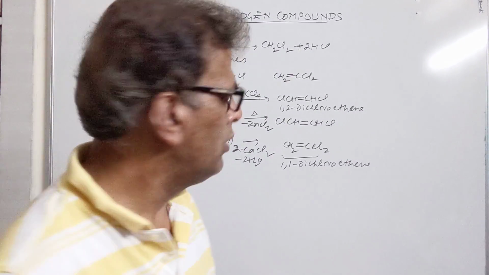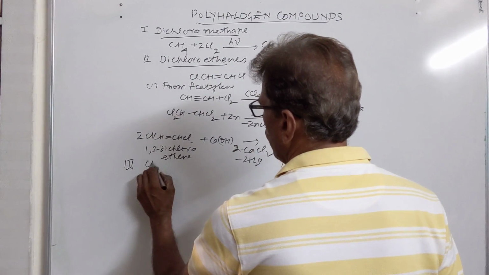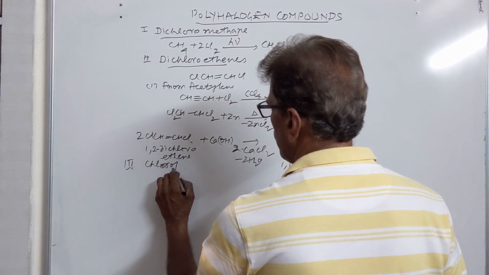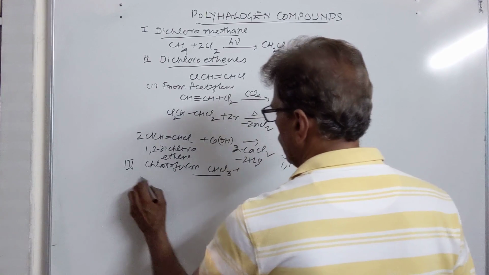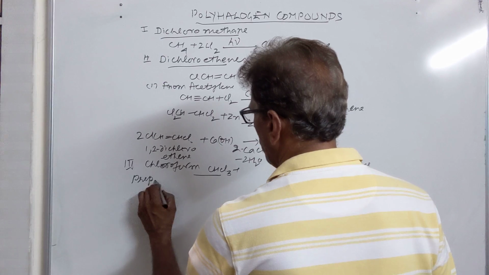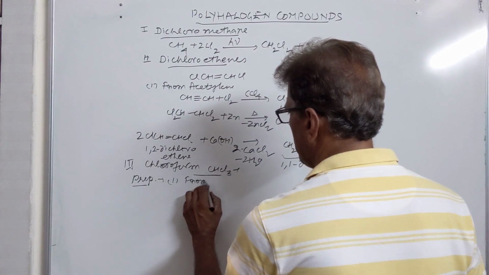Then we have the third polyhalogen compound, that is chloroform, CHCl3. Preparations of chloroform: number 1 is from chloral hydrate.